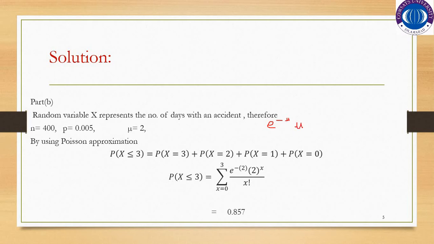to power x over x factorial, and we know that value of mu is 2.